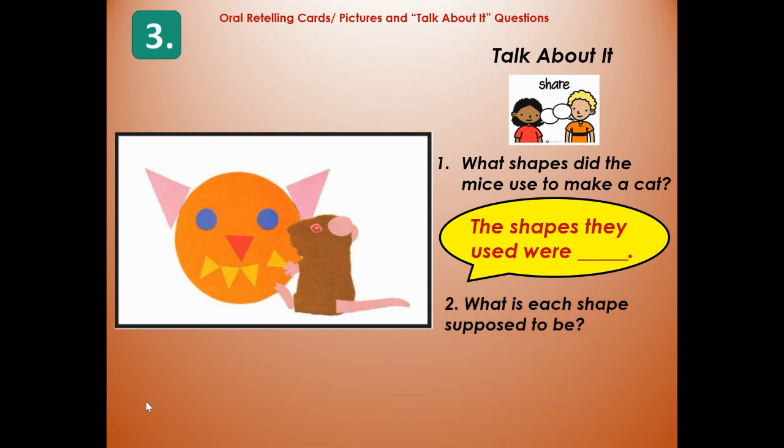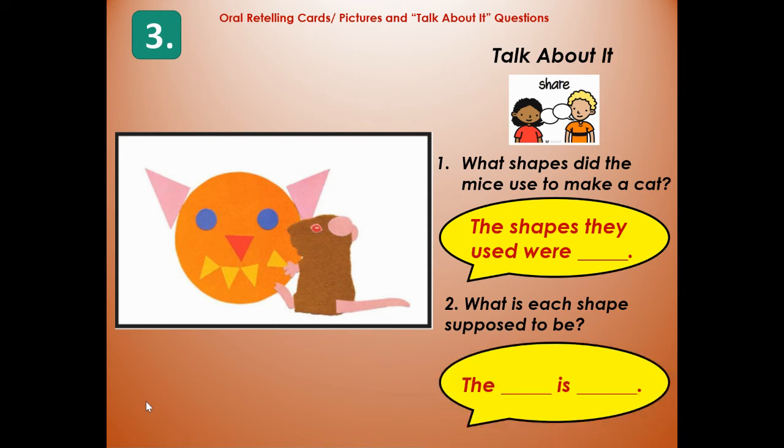What is each shape supposed to be? You can even say the colors of the shapes.